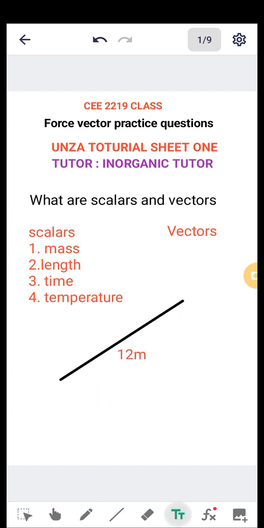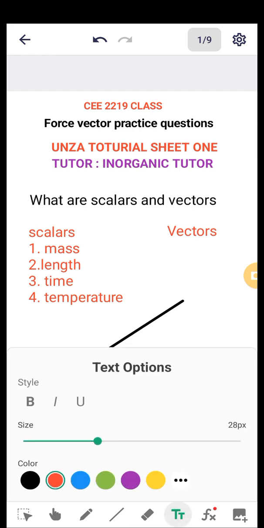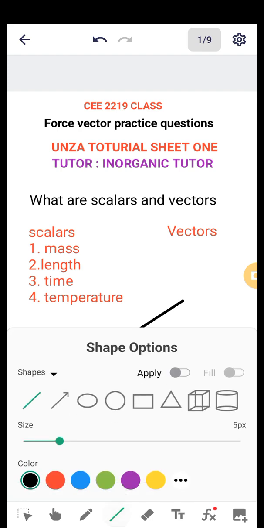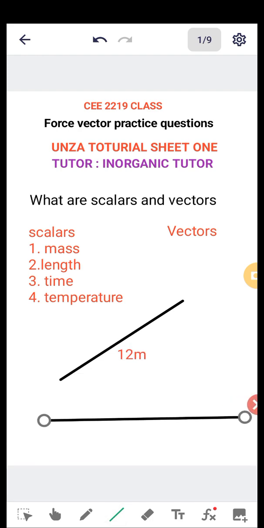Let me give an example even on this one. Like this. Let's consider this as the x-axis, right? This is the x-axis. Then let's consider this our ground force.